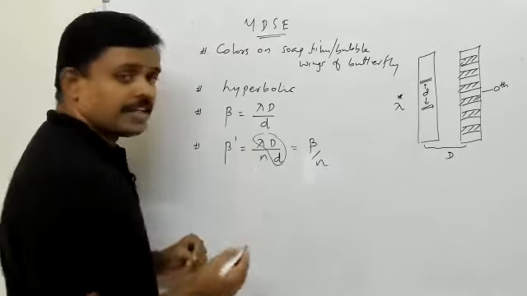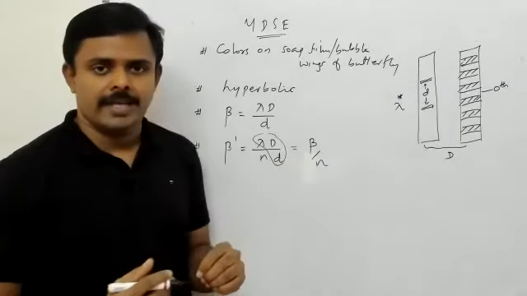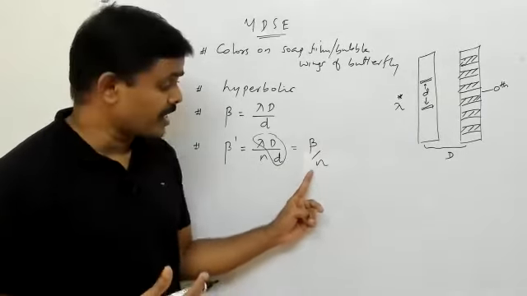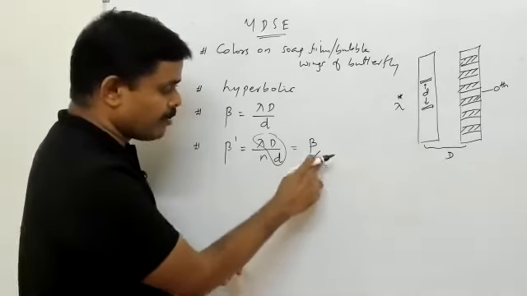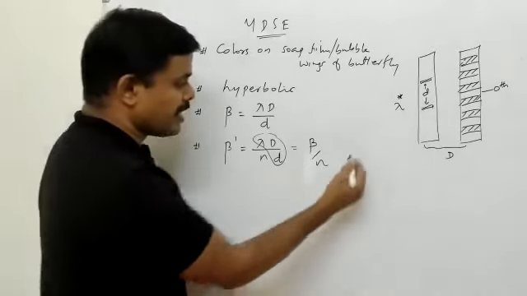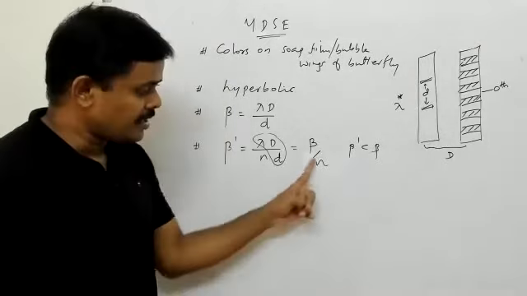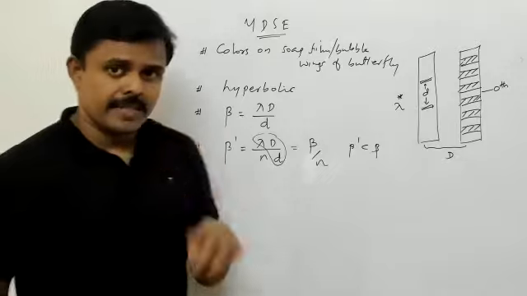That means the width of a band inside a liquid is beta divided by n. Most of the time n is greater than 1. When you divide by a number greater than 1, the value will decrease. So beta dash is usually less than beta, because n is greater than 1 most of the time. There is an exception, I'll tell you.